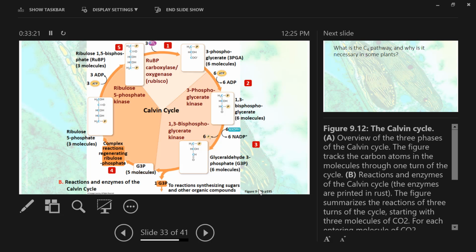Step 1, you fix carbon dioxide, attach carbon dioxide to another molecule. Step 2, reduce the carbon. Step 3, regenerate what you need to do step 1 over again. Because you've got to do step 1 3 times just to get 1 molecule of G3P. You've got to do step 1 6 times to get the equivalent of glucose. Does that make sense?